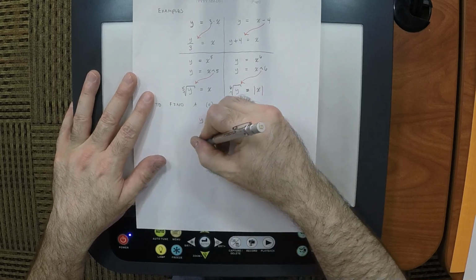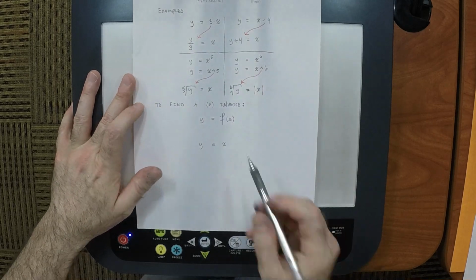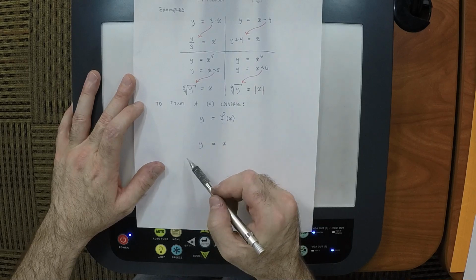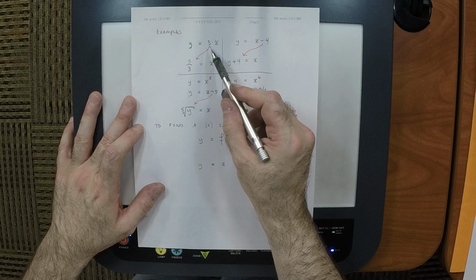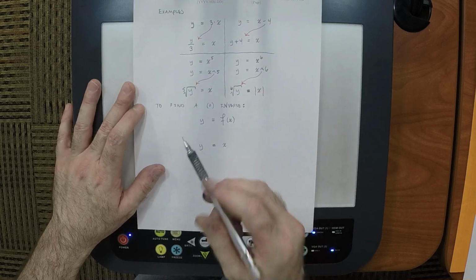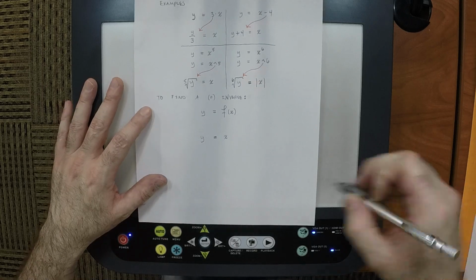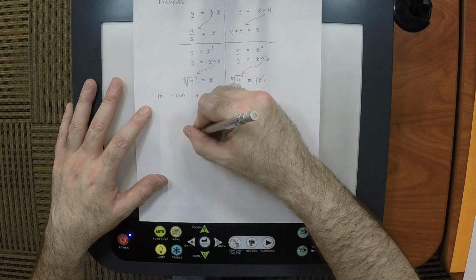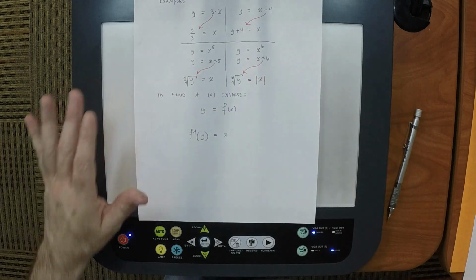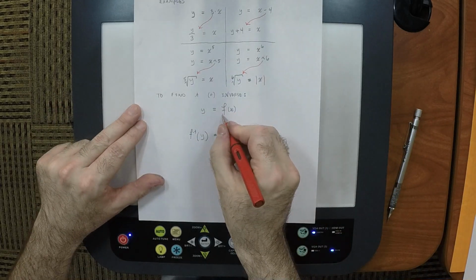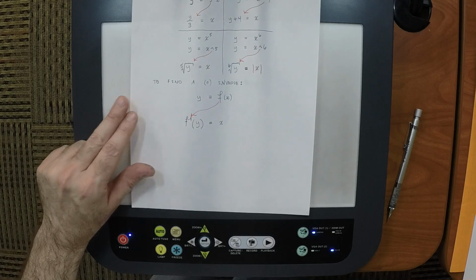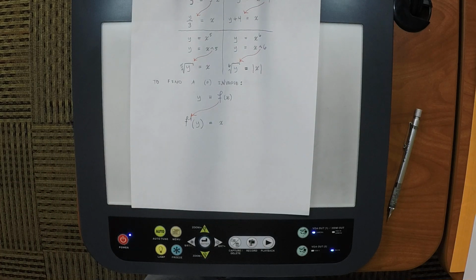So x is over there, y is over there, and the way that you write opposite of f, just like multiply by 3, divide by 3, subtract 4, add 4, the way that you write opposite of f is as an f, but with a superscript -1. Like that. So that's how it gets written.